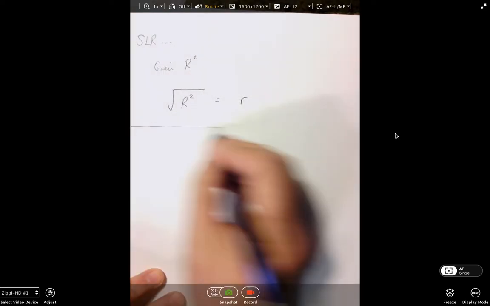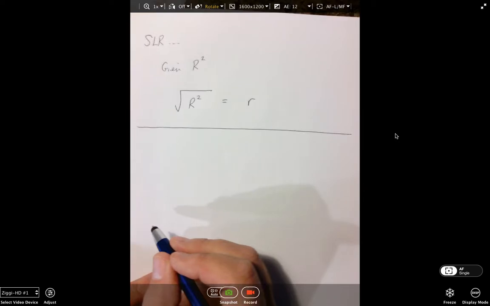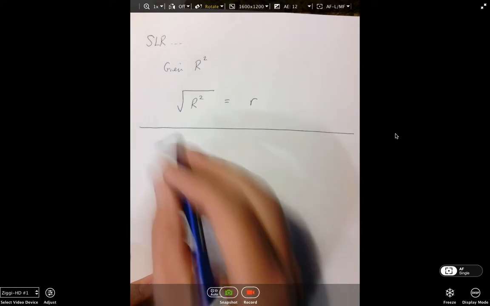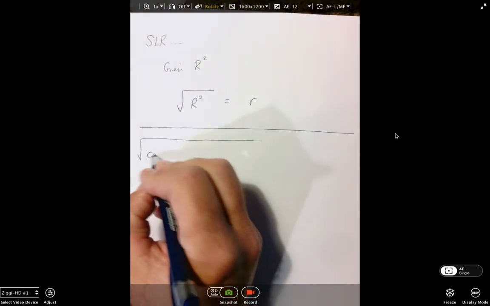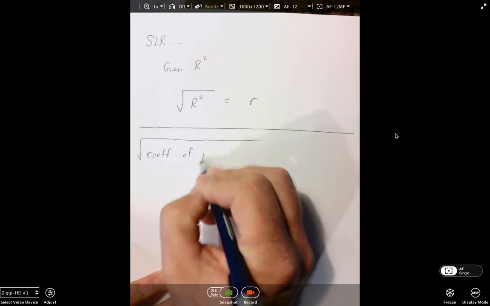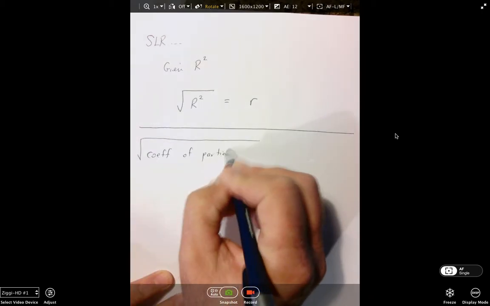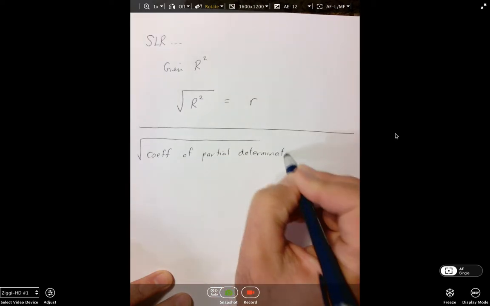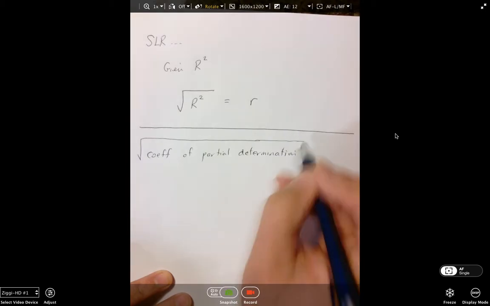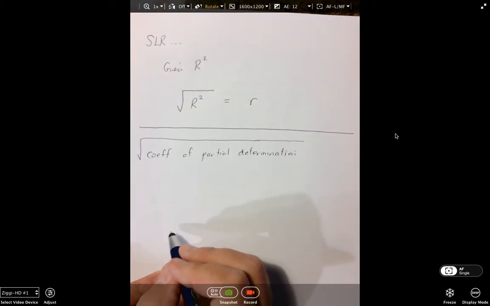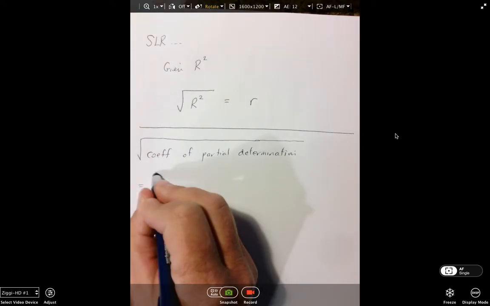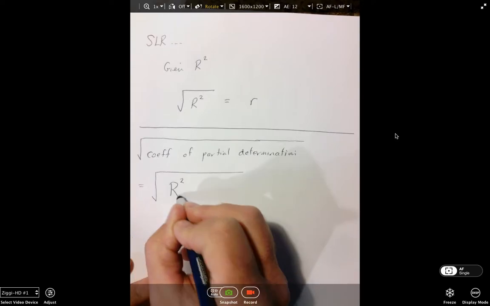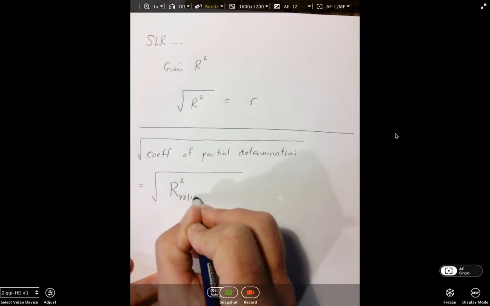We just give it a little bit different and fancier names. So the square root of the coefficient of partial determination, which we know in this case was equal to r squared y, adding 3 to a model where 1 and 2 are already in.